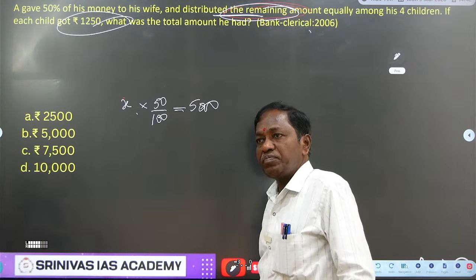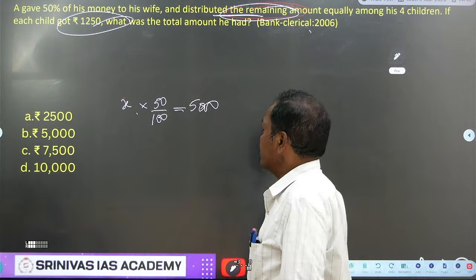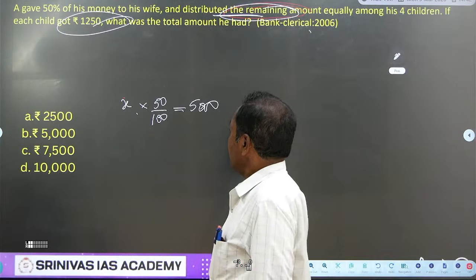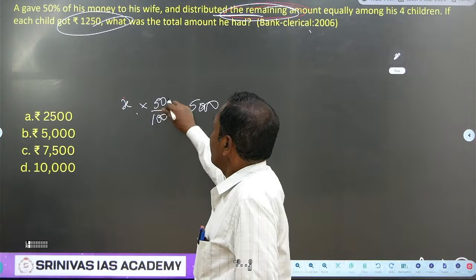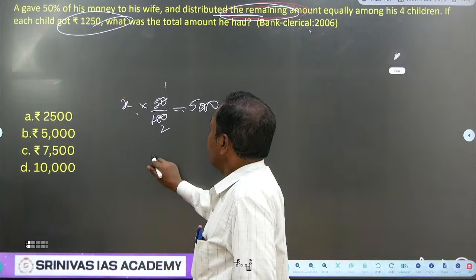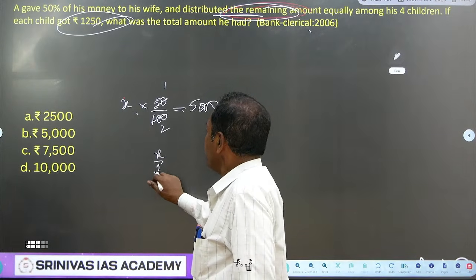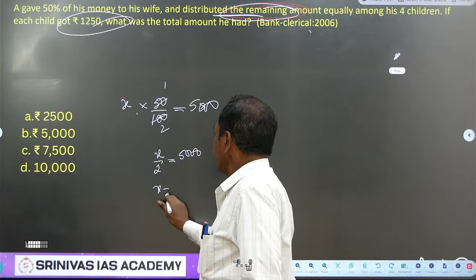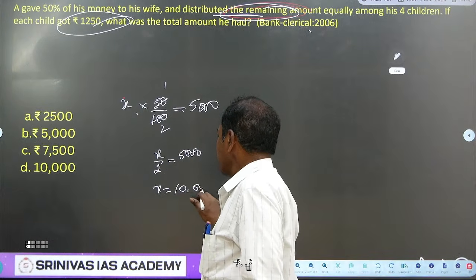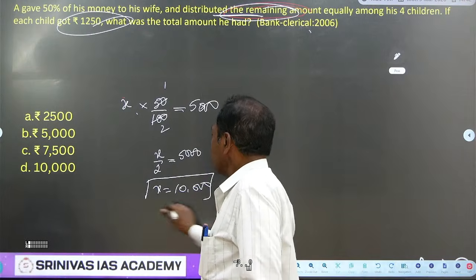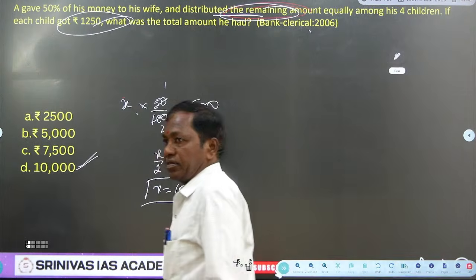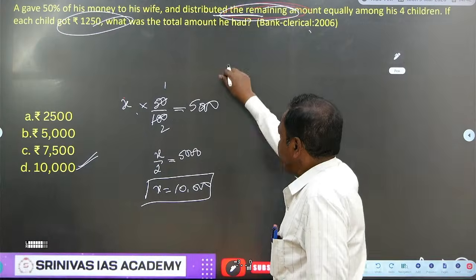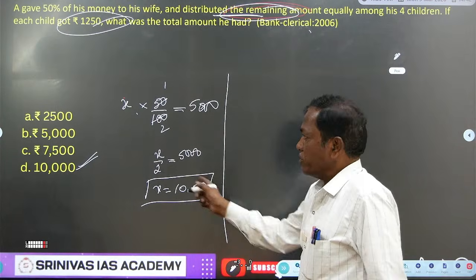That remaining money is given to the 4 children. Now we can simplify it. 51 is 52, so X by 2. X value is what? 10,000. If you see the forward order, the last option, let's check it.